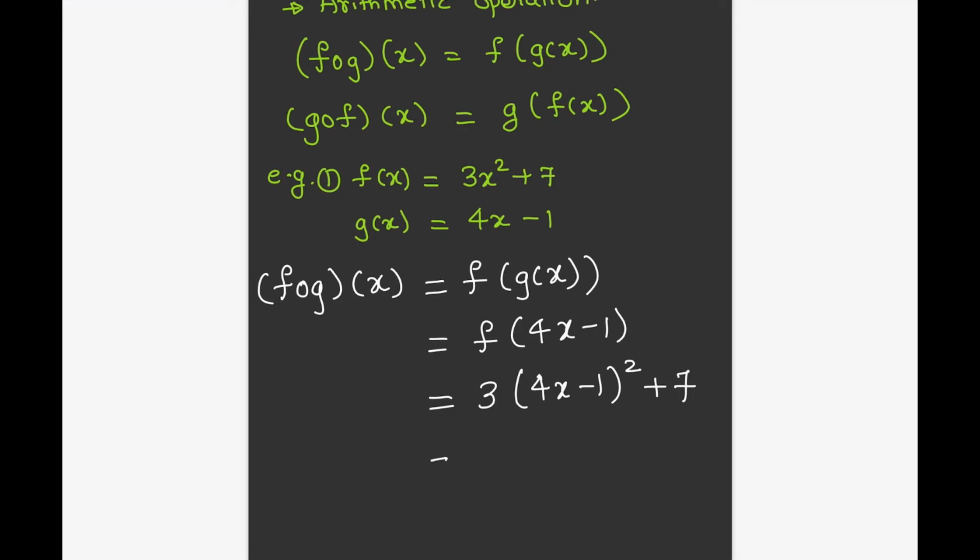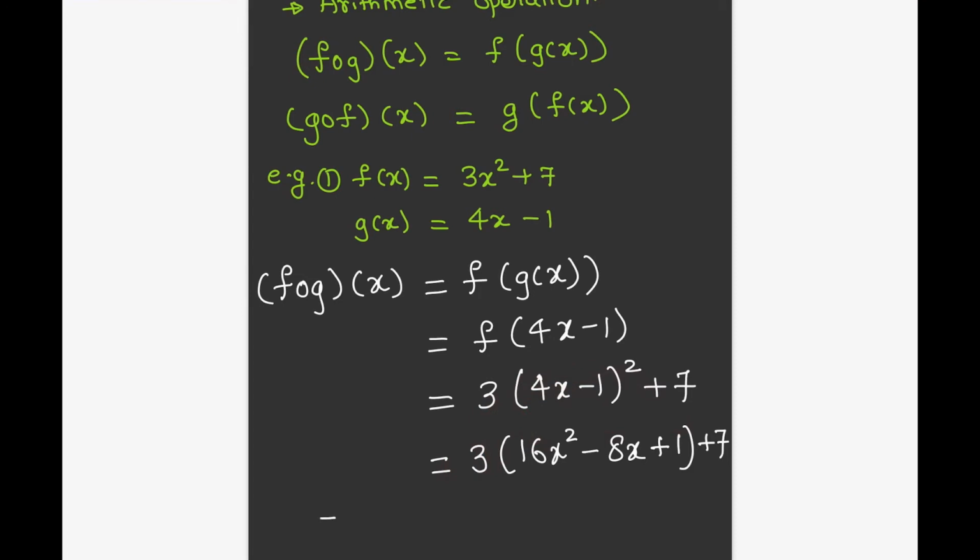So it will be 3 times 4x squared, which is 16x squared, minus 2 times 4x times negative 1, which will give you minus 8x, plus 1, and plus 7 here. Now you have to use the distributive property here, distribute 3 over this parenthesis and then combine the like terms.